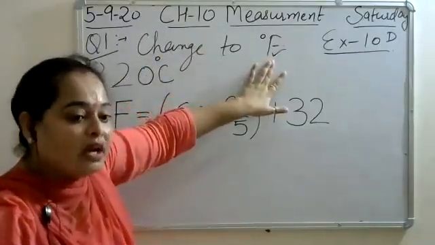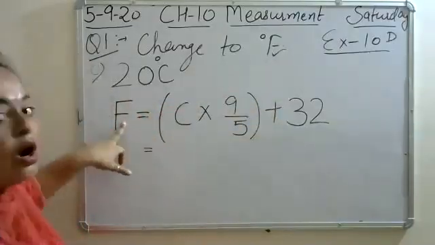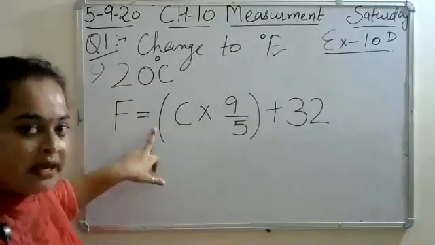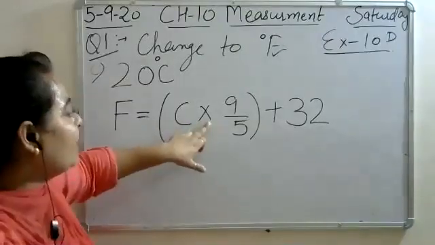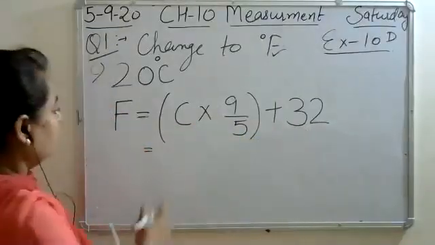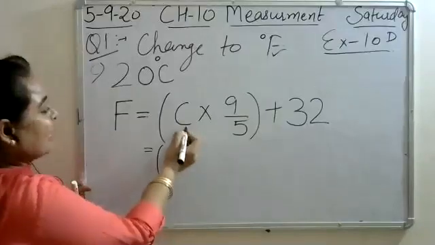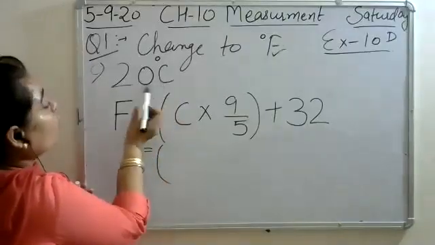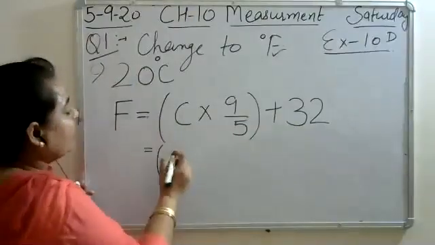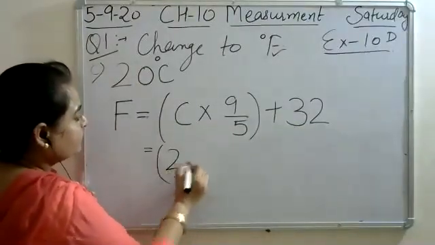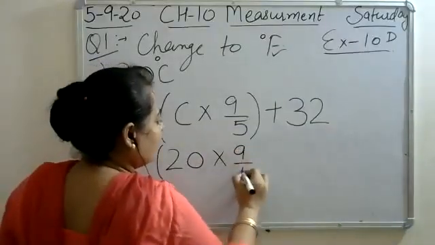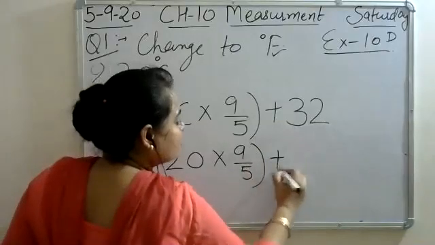We want Fahrenheit, so we apply the formula: Fahrenheit is equal to, under the bracket, C multiplied by 9 by 5 plus 32. Celsius given is 20, so in place of Celsius, you will write 20, multiplied by 9 by 5 plus 32.